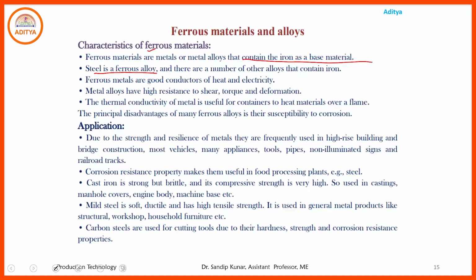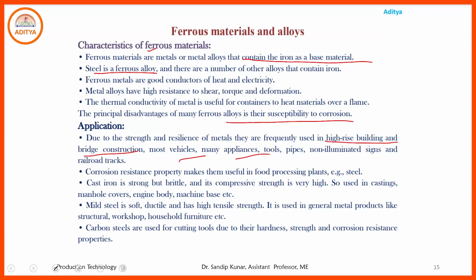That is the main disadvantage of the ferrous material. Now what are the applications? Iron materials are applied in different sectors, for example high rise buildings, bridge construction, most vehicles, many appliances, tools, pipes, non-illuminated signs.